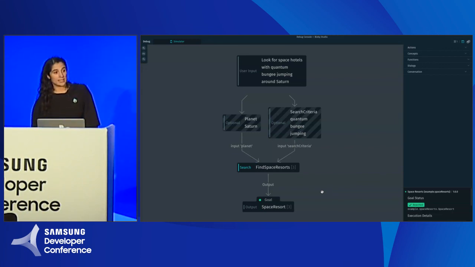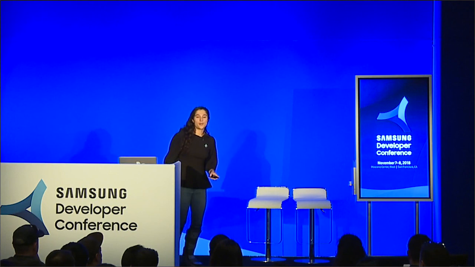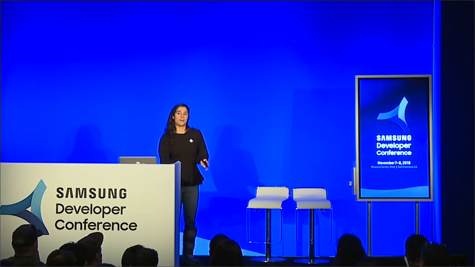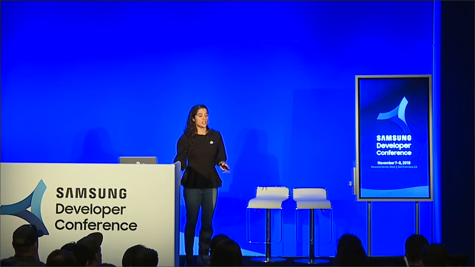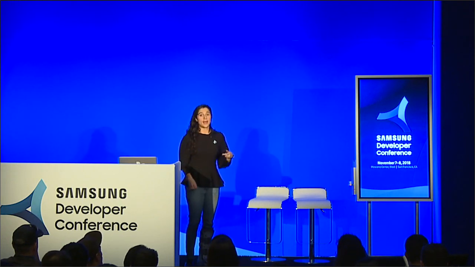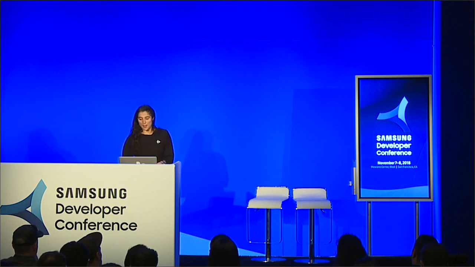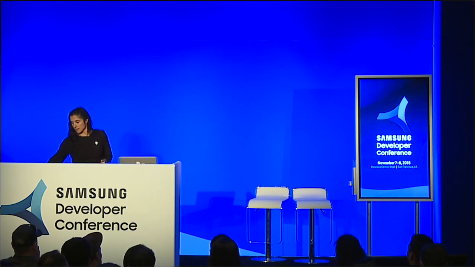And my colleague Siamak tomorrow at 12:30 is going to build a full transactional flow on top of this capsule so that you can actually go in and not just find the space resort, but also book a room in a habitat pod for the Christmas holidays, for example. So let's go back.